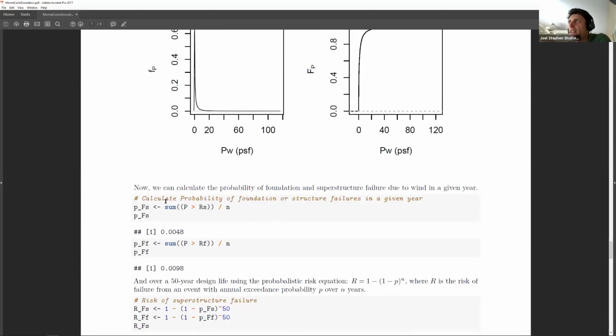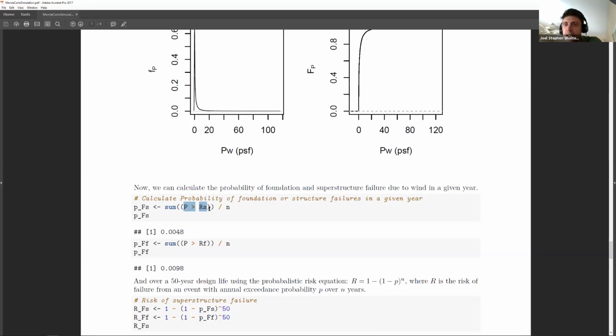So now we can calculate the probability that the foundation or the superstructure will fail due to a wind event in a given year. Here P is a vector of 10,000 values of potential pressures that we get from wind. So how many of those values are going to be greater than the pressure threshold for a superstructure failure? I did basically the sum of P's greater than RS.